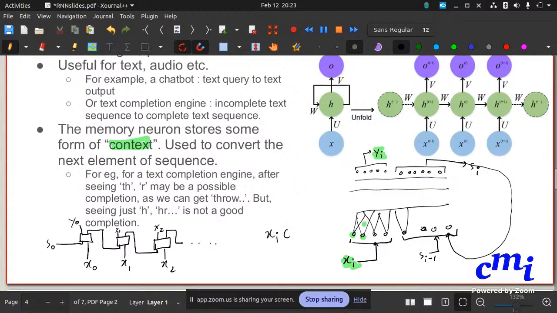So xi is going to be in some Rn, yi is going to be in some Rm, and si minus 1, all of these are again going to be in some R^ns or something like that. So all of these are ultimately going to be vectors.